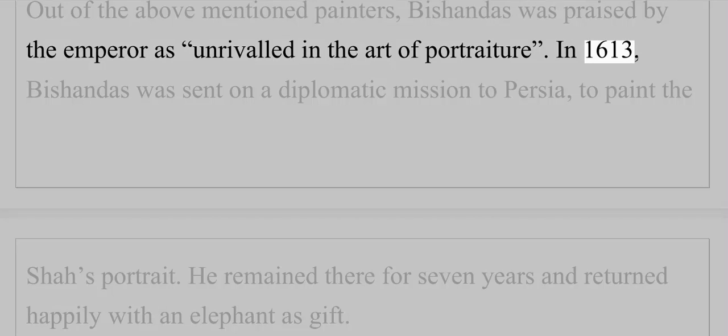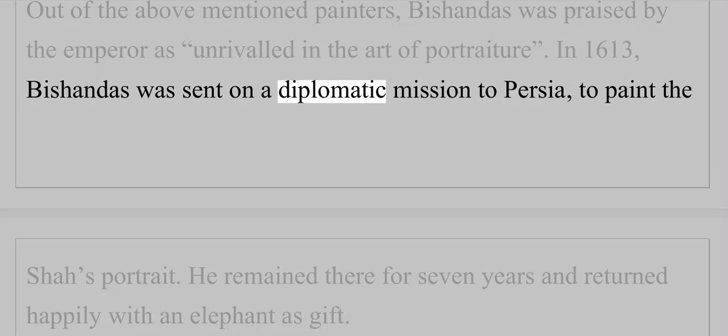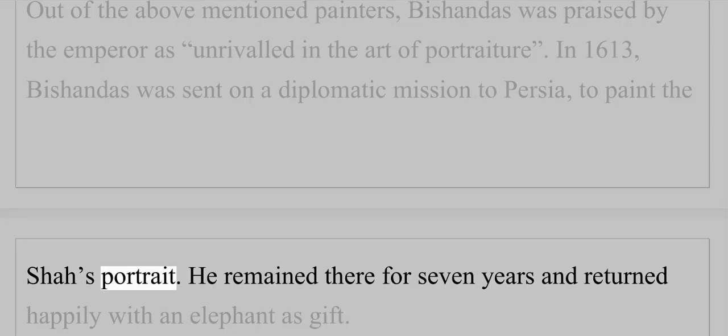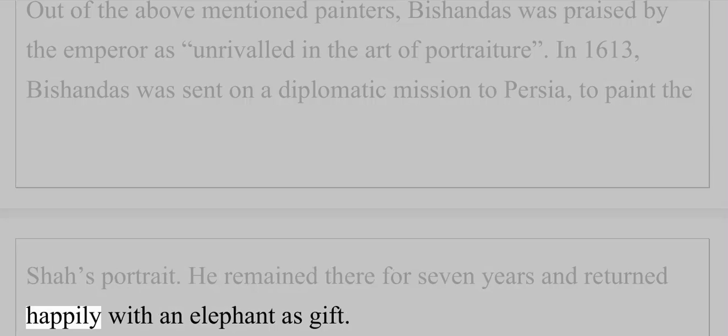In 1613, Bishandas was sent on a diplomatic mission to Persia to paint the Shah's portrait. He remained there for 7 years and returned happily with an elephant as a gift.